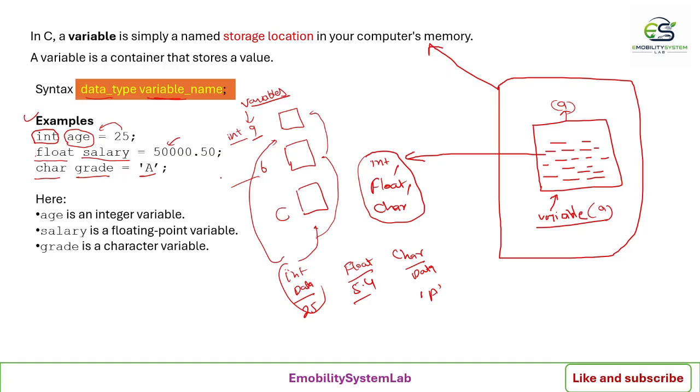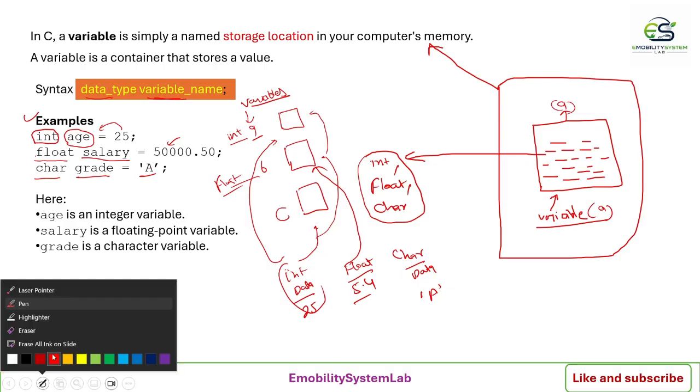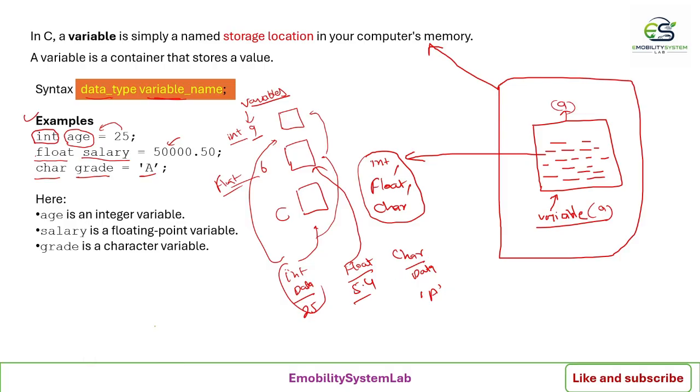Similarly, if I use the float data type here, now I have clarity that this float data will be stored here. It is the same for the character data type: if I use the character data type, this character data will be stored here.